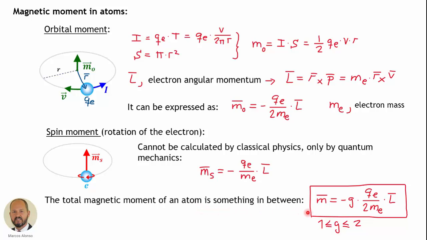So it can be demonstrated that the magnetic moment of the atom can be represented as shown here with a factor g, which is in between 1 and 2. So the final magnetic moment of the atom is something in between the orbital moment and the spin moment.